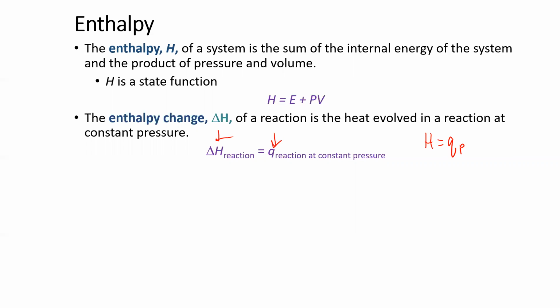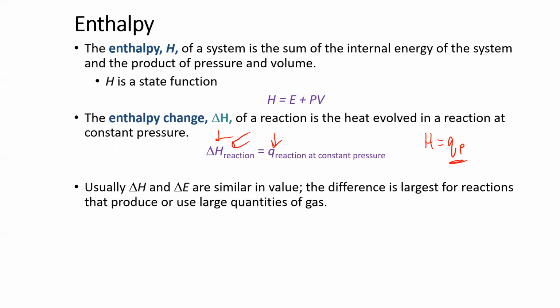If I neutralize an acid and a base, two solutions, combine them, the external pressure in the lab is going to be the same. So it's constant pressure. So that heat that's being released in that neutralization reaction is really the enthalpy of the reaction. So that's just another name for it. So don't get too wrapped up with that.